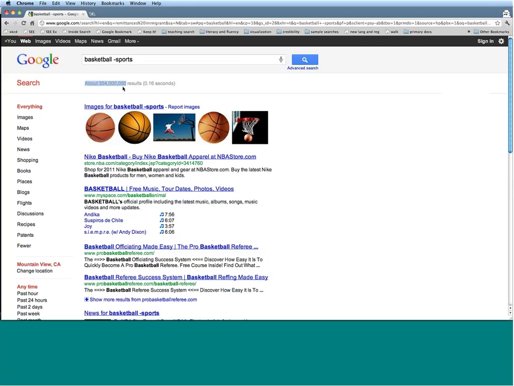I tend not to look at that number at all. Okay, the difference between 5 results and 56 million is significant. But just looking at the number of results that appear and trying to compare what's happening with one search to another is not really an accurate way to measure what's happening, because of the complexity of carrying out search on the back end.